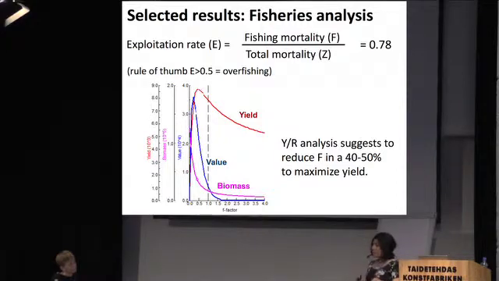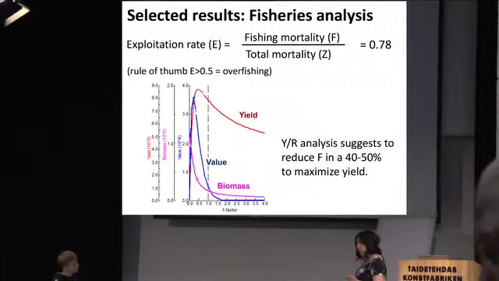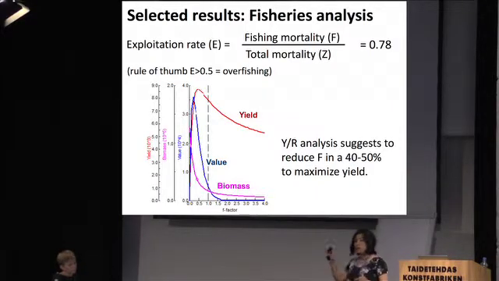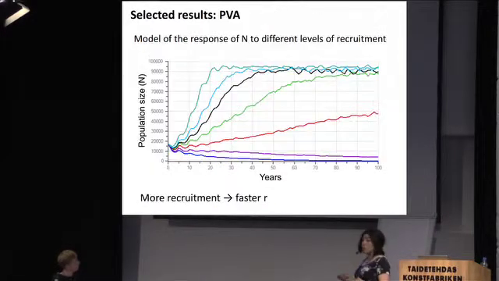So now remember that the other results, so the growth parameters and other population parameters calculated with this method, were used to input the population viability analysis. But we had a lot of uncertainty in the level of recruitment.